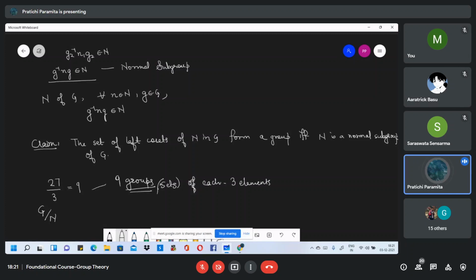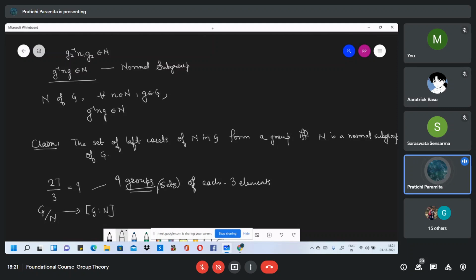If you see all the left cosets, those sets will have the same cardinality. And how many cosets will I have? That will be nothing but the index, right? That is what I've defined index as.